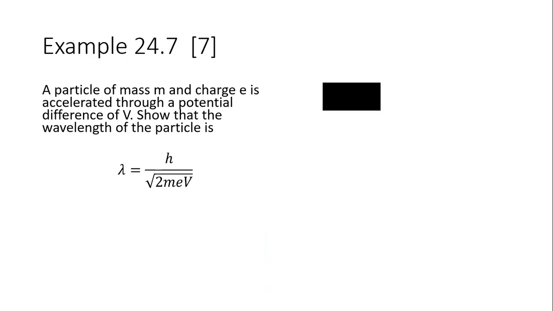Number 7. Derive the formula. A particle of mass m and charge e is accelerated through a potential difference of V. Show that the wavelength of the particle is given by the formula. Use the de Broglie equation.